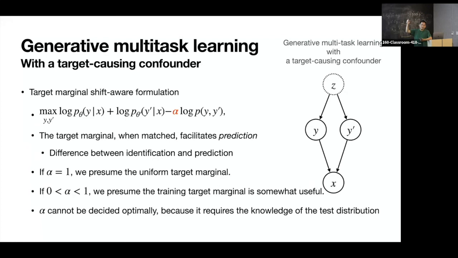But if the a priori distribution over Z is going to be maintained between training and test time, there's absolutely no reason why I wouldn't use it. Using that information, the relationship between Y and Y prime, in fact, may give us better predictive power of what's going to happen at test time, right?